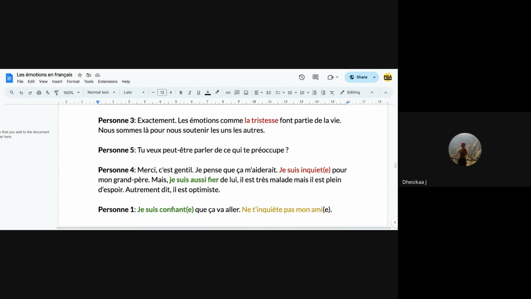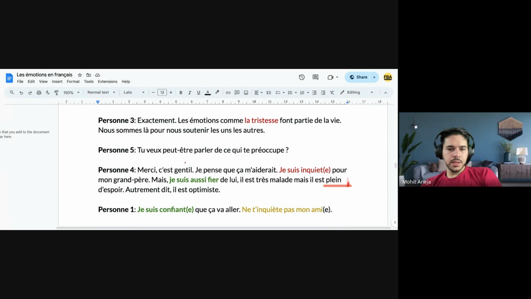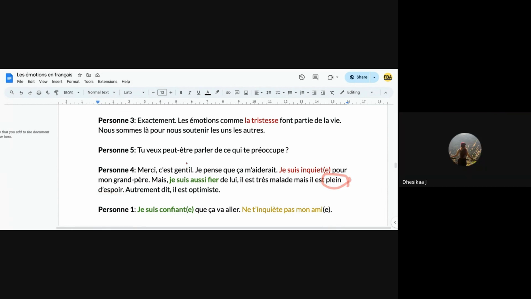Je pense que ça m'aiderait. Je suis inquiète pour mon grand-père, mais je suis aussi fière de lui. Il est très malade, mais il est plein d'espoir. Autrement dit, il est optimiste.